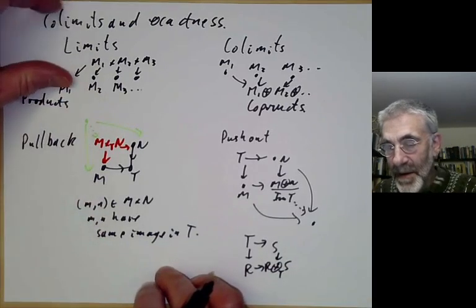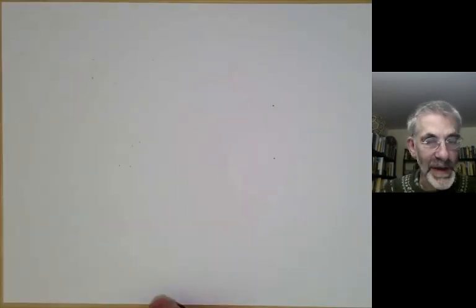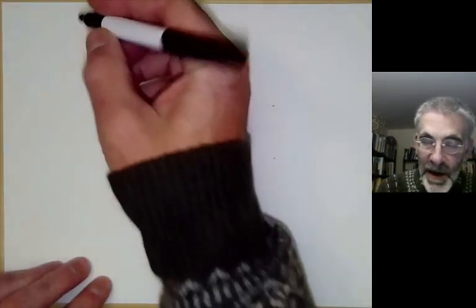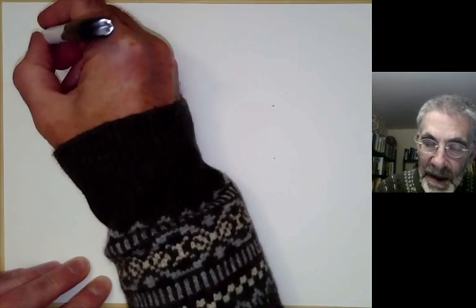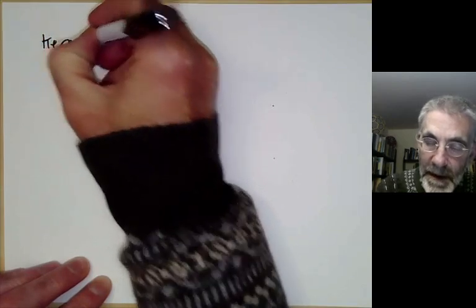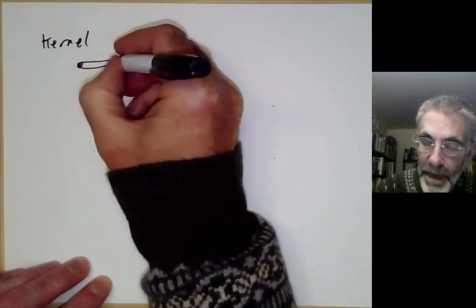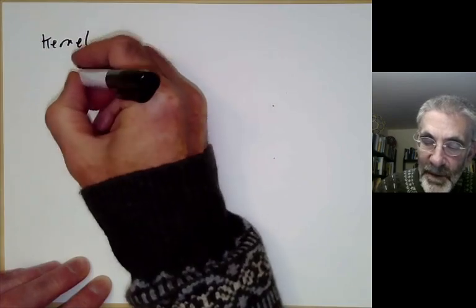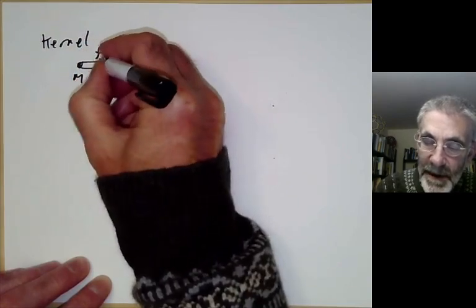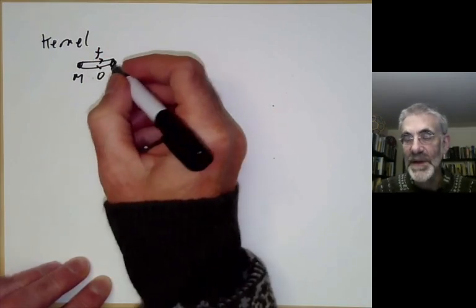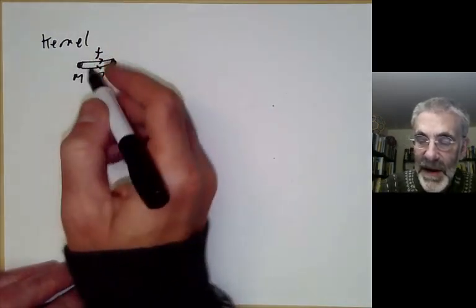So the third and perhaps the most important example for this lecture of a colimit or limit is the kernel. So you remember, if we've got a morphism f from modules M to N, then we can introduce the second morphism 0, and the kernel would be the limit of this diagram.